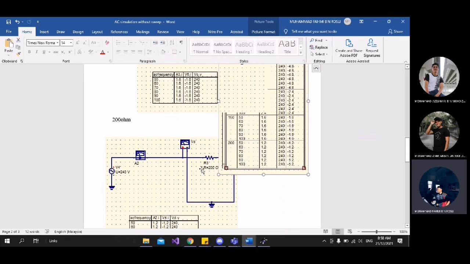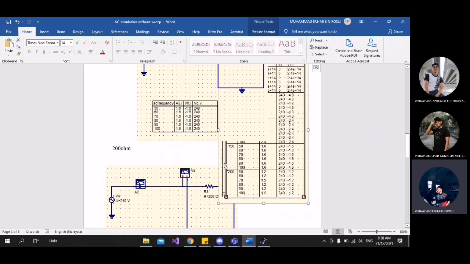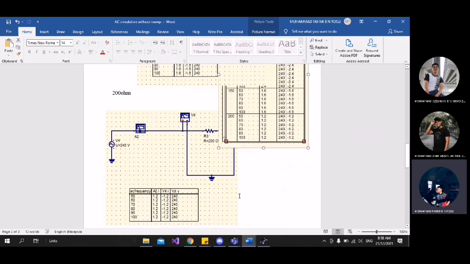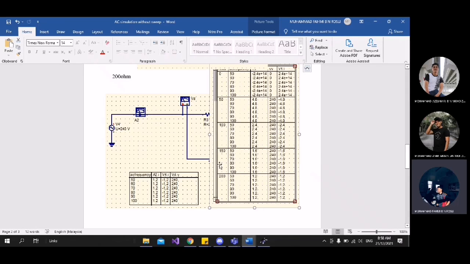But with sweep we can make it easier than without sweep, because we don't have to change resistance every time. It's similar to DC sweep, where without sweep we change R2 but R1 we keep constant. With the sweep DC circuit, R1 is still constant, and R2 we make R out.